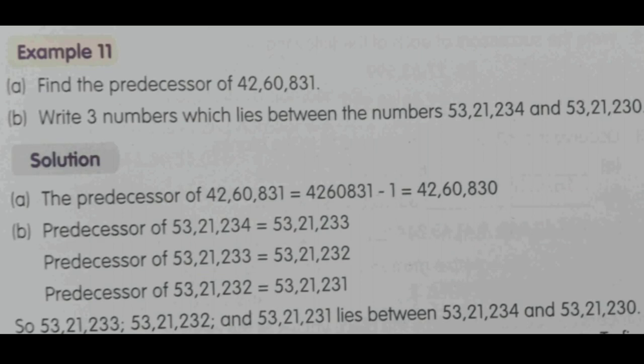The predecessor of 53,21,233 will be 53,21,232, and the predecessor of 53,21,232 comes out to be 53,21,231. So the numbers that lie between 53,21,234 and 53,21,230 are 53,21,233, 53,21,232 and 53,21,231. So this is the concept of finding the predecessor.